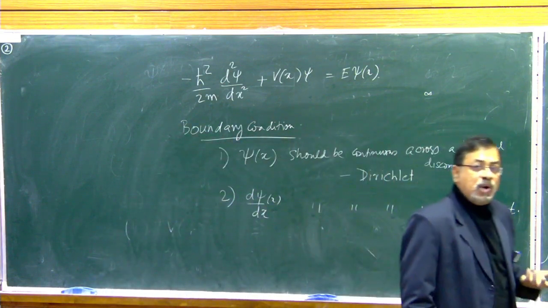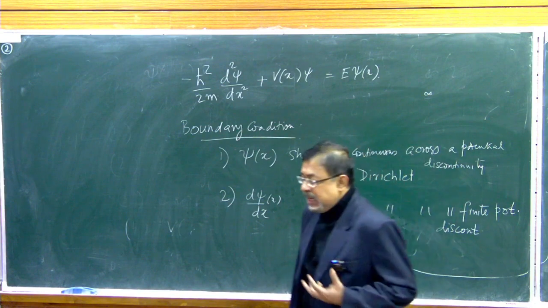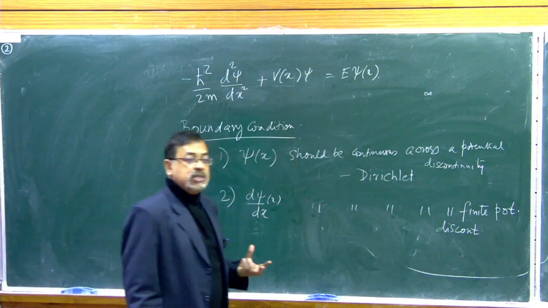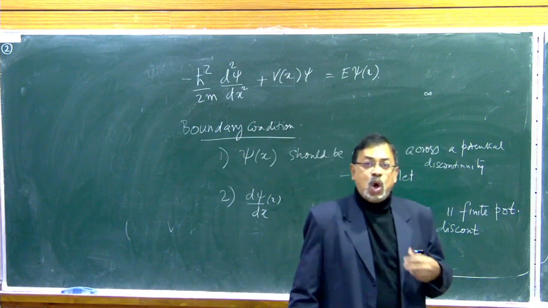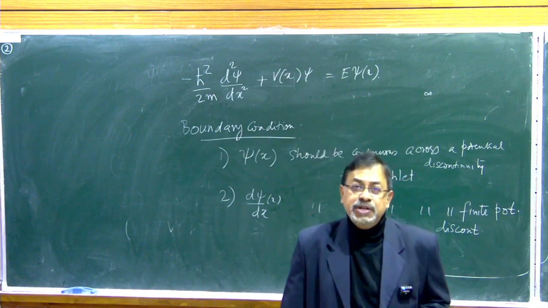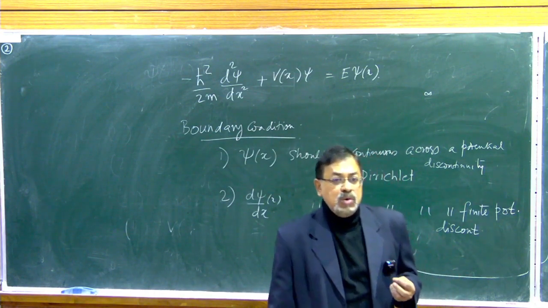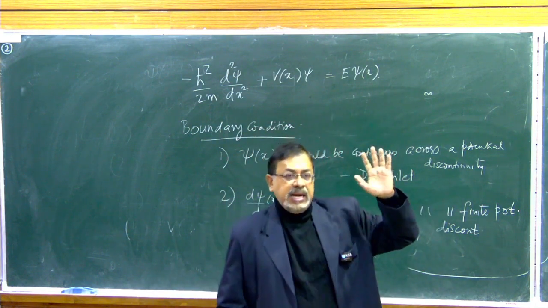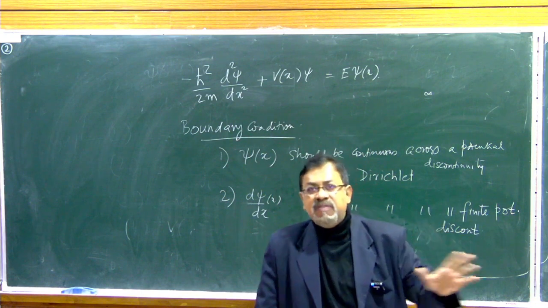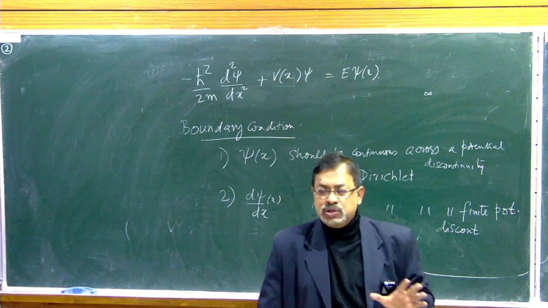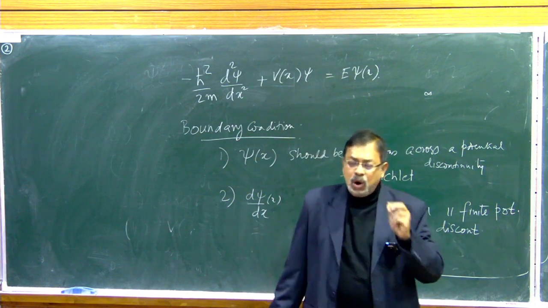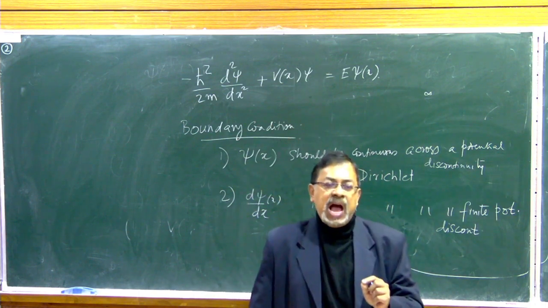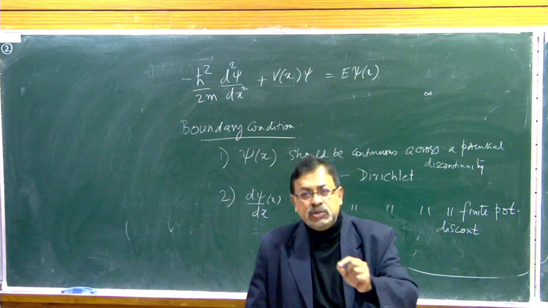Why do we need boundary conditions? Because any of these differential equations, when you solve them, come with unknown coefficients, and these unknown coefficients give a family of solutions, and any member of that family is a valid solution. But if you want to know it concretely, then you need a boundary condition to fix those coefficients.